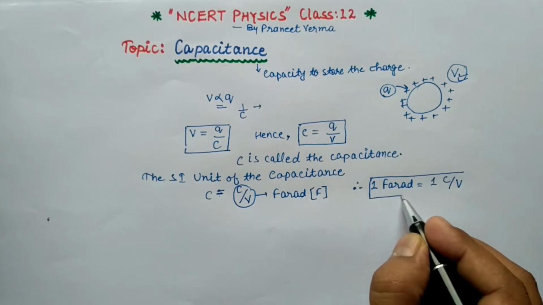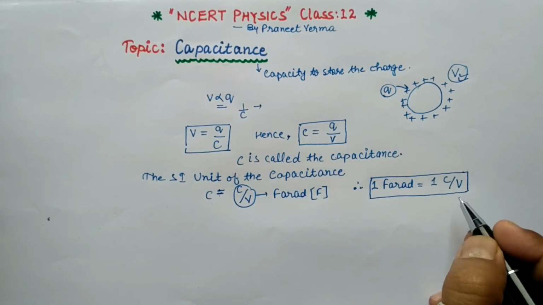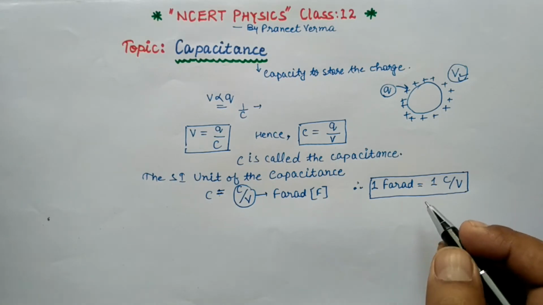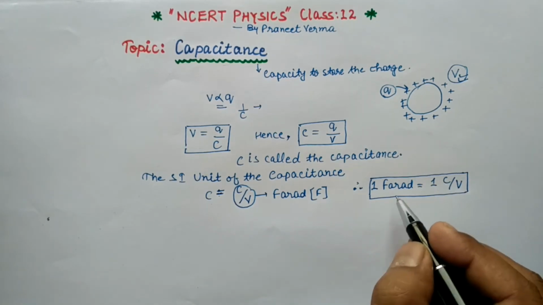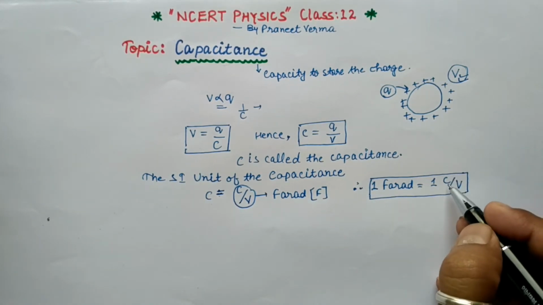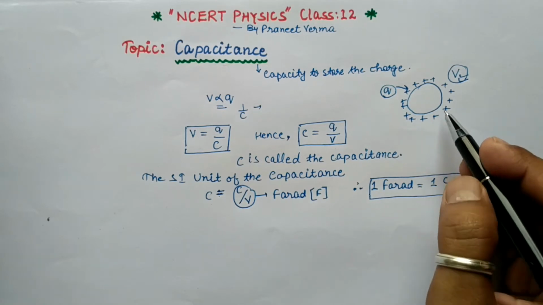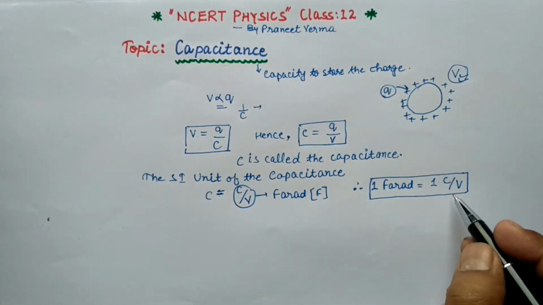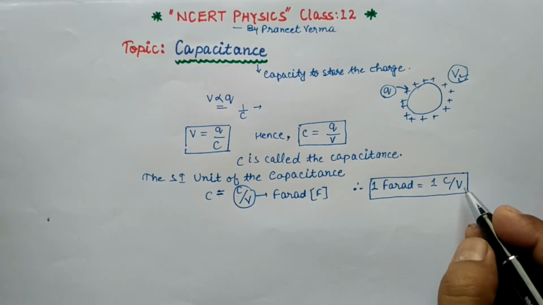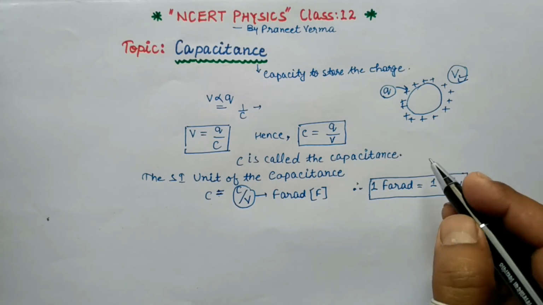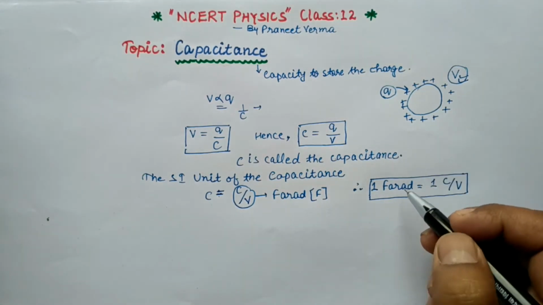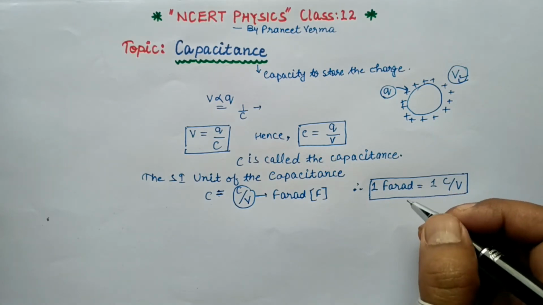This is the SI unit of capacitance. You can say when 1 coulomb charge is given to any conductor and increment in potential capital V is 1 volt, then that conductor is having 1 farad capacitance.